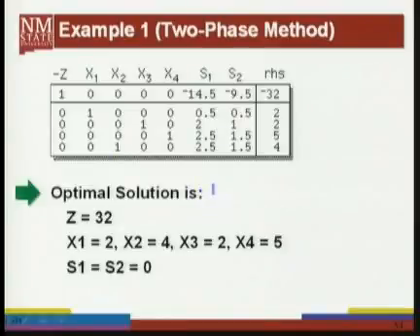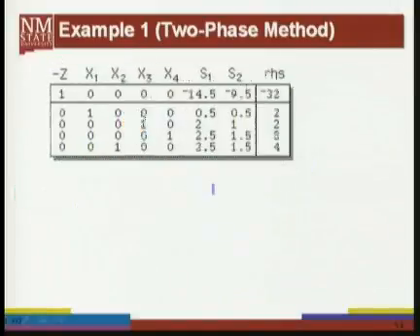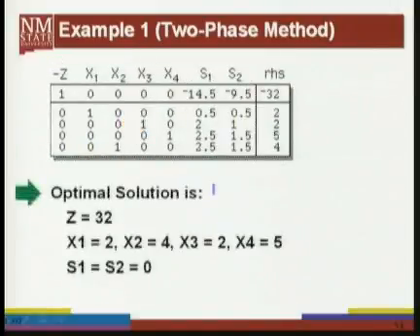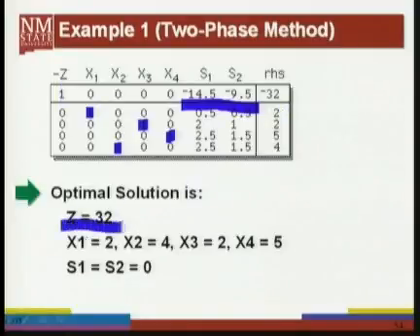Okay, so here x1, I was looking at a different one. x1 is 2, and x2 equals 4, x3 equals 2, and x4 equals 5. And because there is no positive relative profit on this table, this is the optimal table, right? And the corresponding optimal solution is negative g equals negative 32, which means g equals 32.